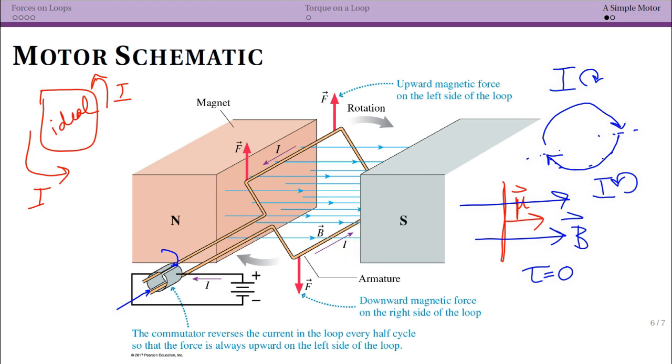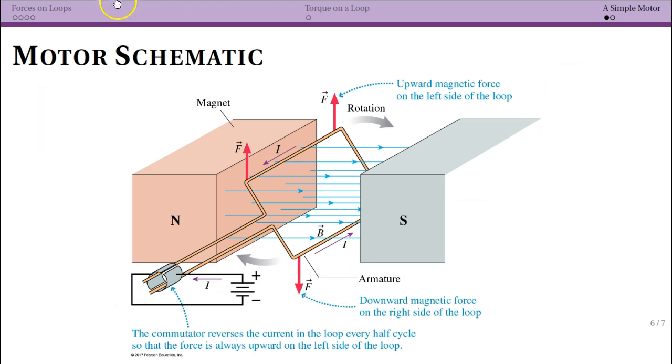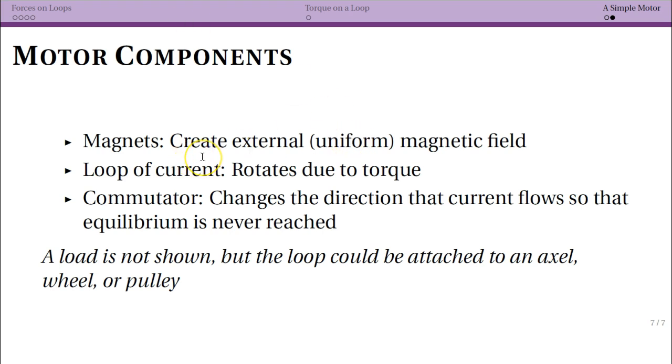So this is tricky to think about, and again, I'm going to try to break down the basic components of this picture. So there have to be some sort of external magnets, or even one magnet. Now for our situation, we would want to think of this as a uniform magnetic field because then we can calculate it easiest, but it doesn't have to be a uniform field. So uniform field is easy for us, but your motor will work even if it isn't. The loop of current is what is actually rotating, and there's a torque that is due to the current interacting with that external magnetic field.